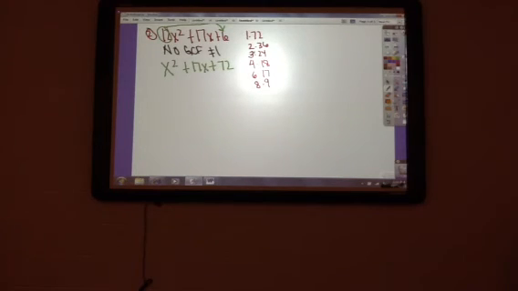So these are the factors of 72 that are our options. We're looking for two numbers that we can add to get 17. That's the 8 and the 9.